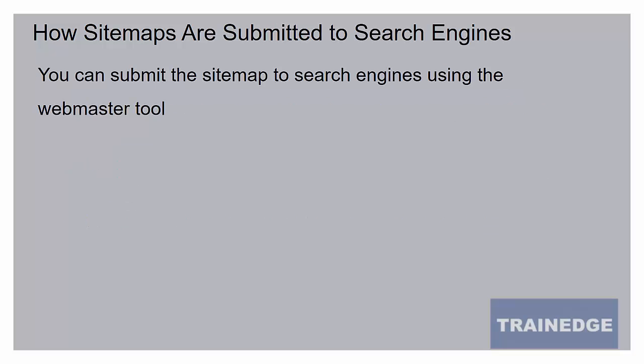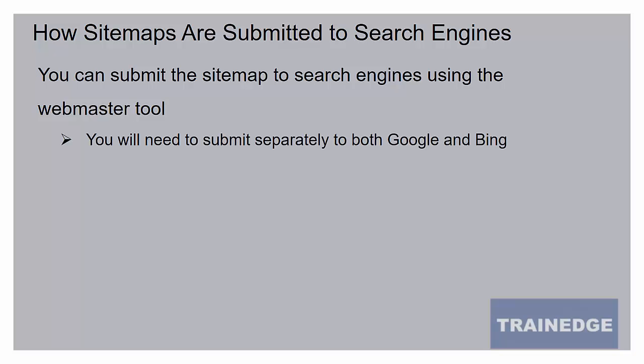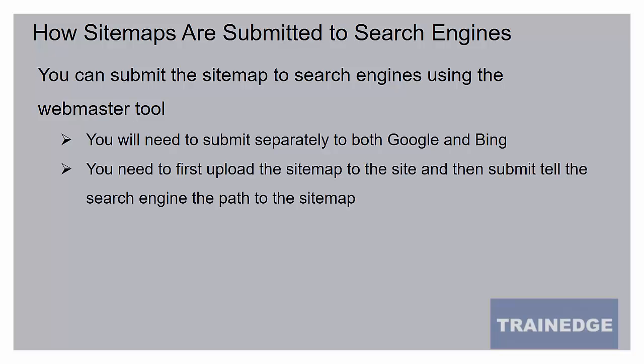Once you have the sitemap ready, you can submit it to search engines using the Webmaster tool. Both Google and Bing offer their own Webmaster tool, so you need to create an account with both of them and submit your sitemap to Google using Google Webmaster tool and to Bing using Bing Webmaster tool. Submission basically means telling the search engine where the sitemap is located on your website.